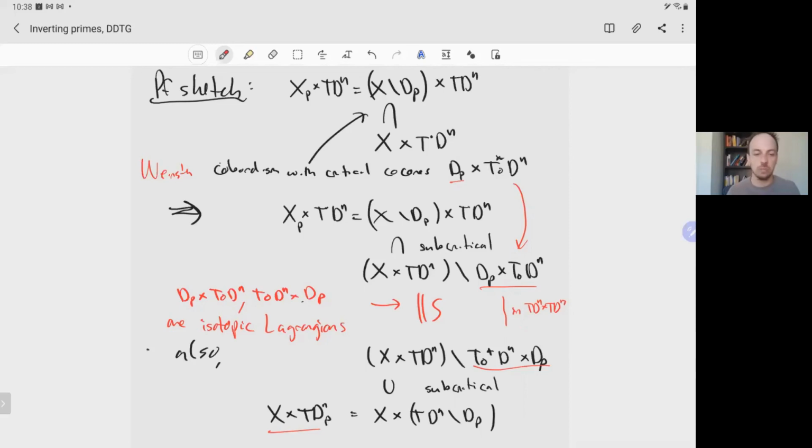It's a very explicit ambient symplectic isotopy that swaps these two Lagrangians. But anyway, the point is that I have these two domains that I'm interested in proving are the same up to subcritical handles. So I attach some subcritical handles, and I get the same domain up to carving out Lagrangians, which I claim are isotopic, and so those domains are symplectomorphic.